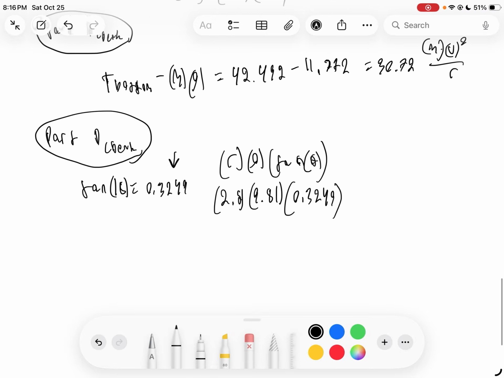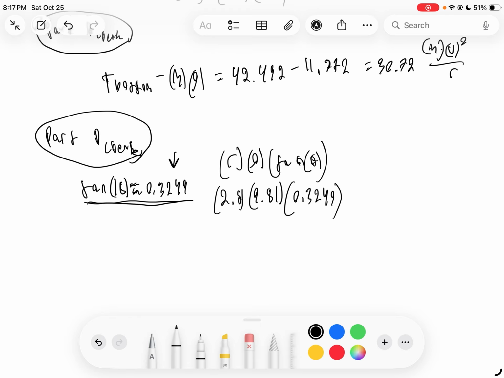All right, so for the part D check, I have something to solve right now. First, we're going to solve for the tangent of 18 degrees, which we know to be roughly 0.3249. There are more digits after that, and I do recommend carrying it down if you're using a calculator. But for simplicity's sake, we're going to leave it at this.